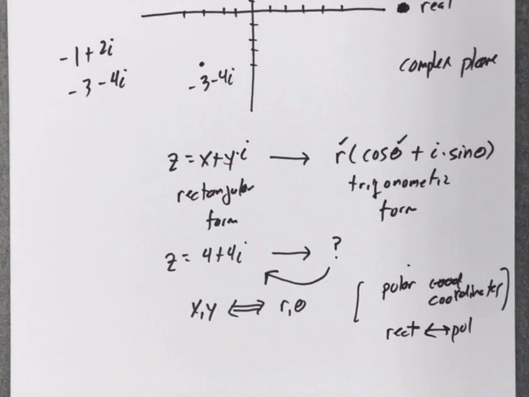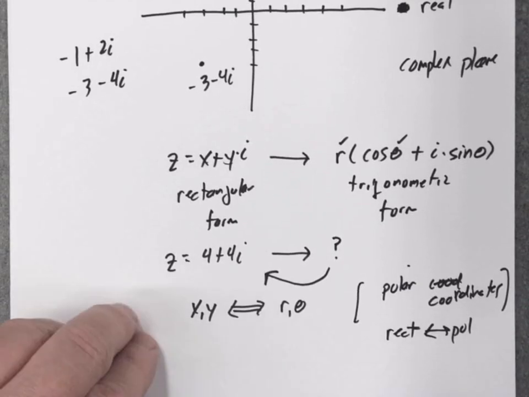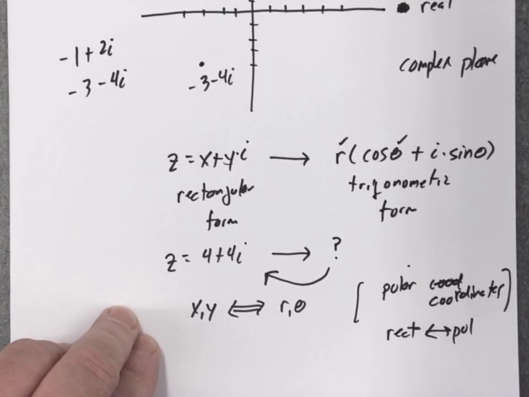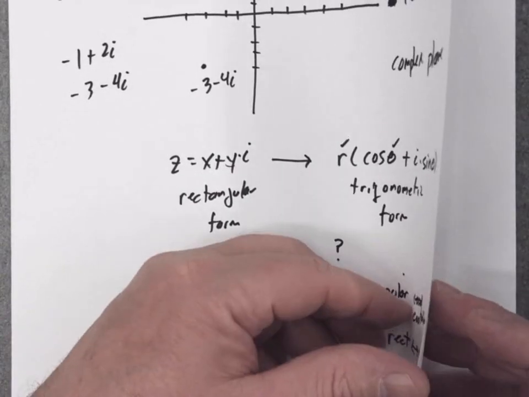Well, you know what's interesting? I'll show you in a minute, I'm going to define r and theta exactly the same way as we define them with polar coordinates. So it's almost like you're doing the same kind of thing. Let me just show that to you, and then we'll do these problems, and hopefully you won't find this too difficult.